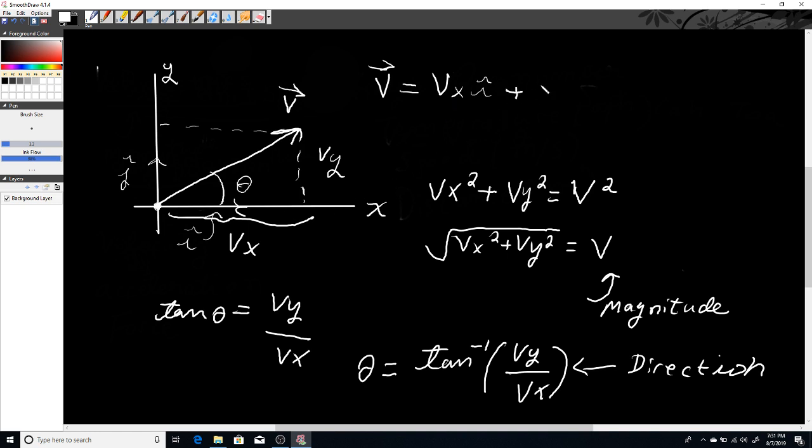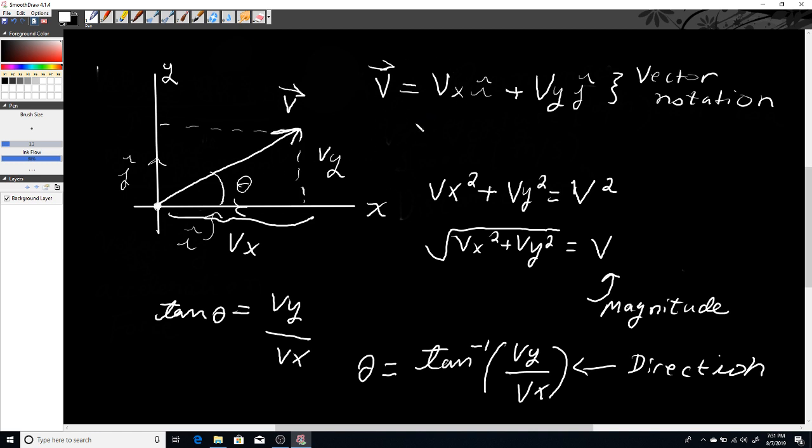And that it would be that plus v of y times j. Now this is just vector notation. So this basically just is a way to write out the vector.